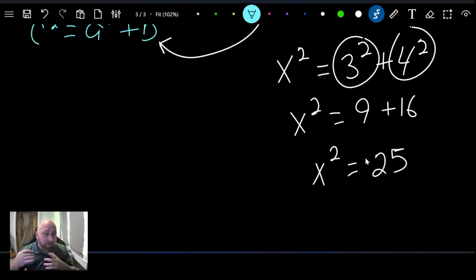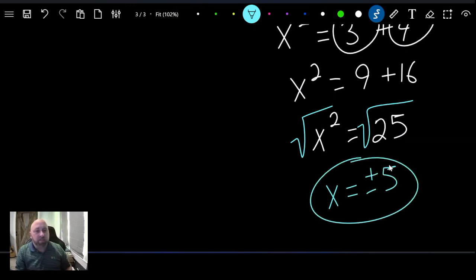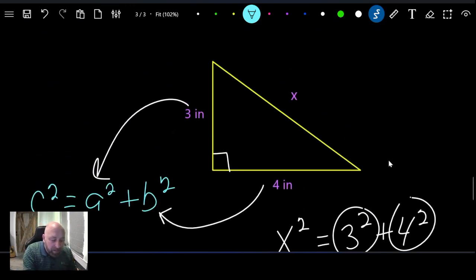Now this is where you would take the square root of both sides, okay? And then you end up with x equals plus minus 5. Now, here's a little bit of a trick in geometry. I can't say that x equals negative 5. That doesn't work. Why not? Because you can't have a negative length side.